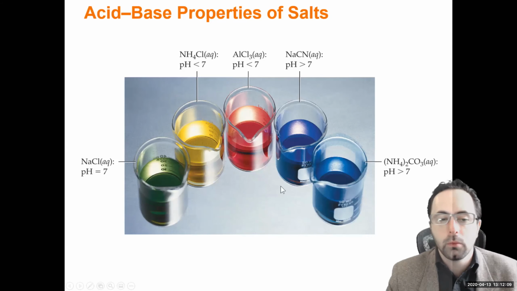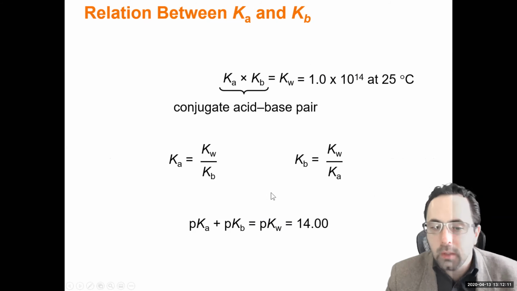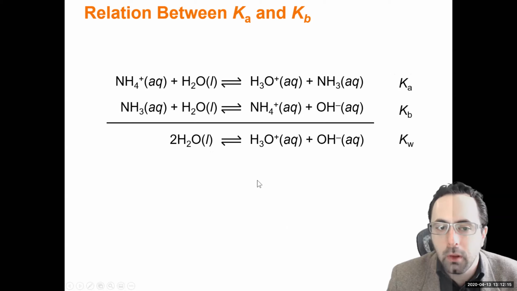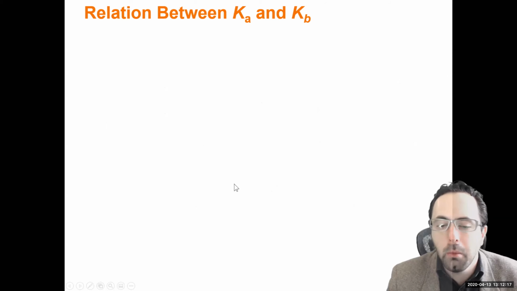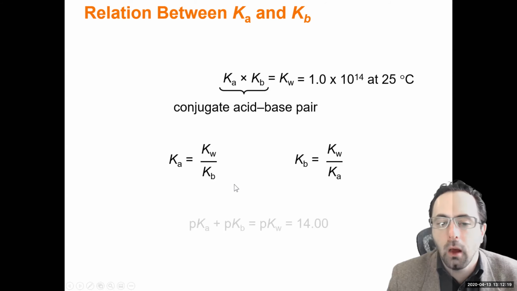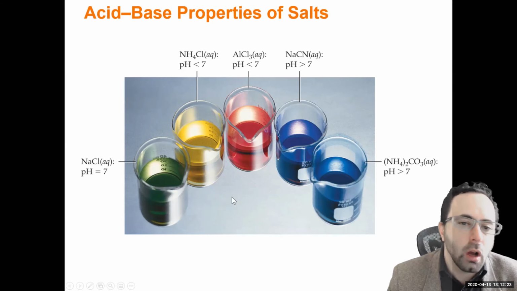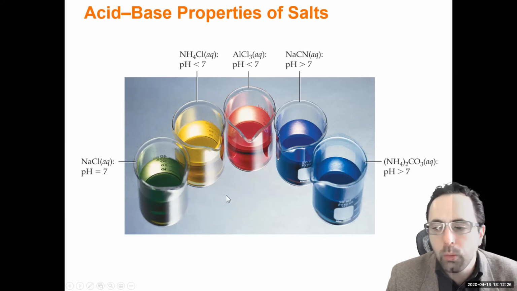So, as you saw, going back, ammonium ion in the last example here was an acid. Ammonium ion is acidic. So what we want to be able to determine is which ions are acidic and which ones are basic.